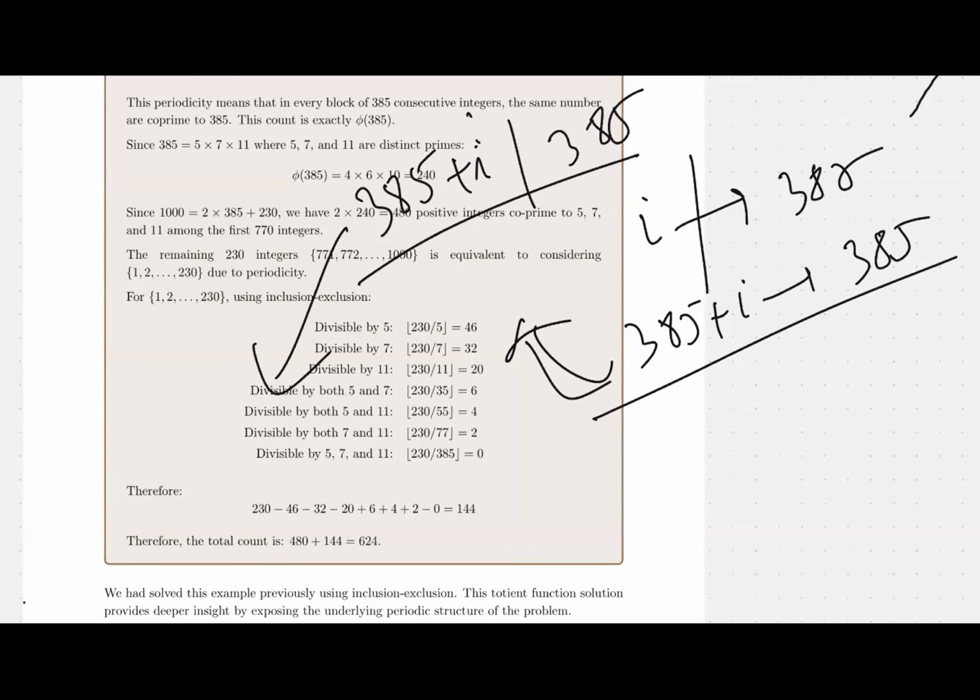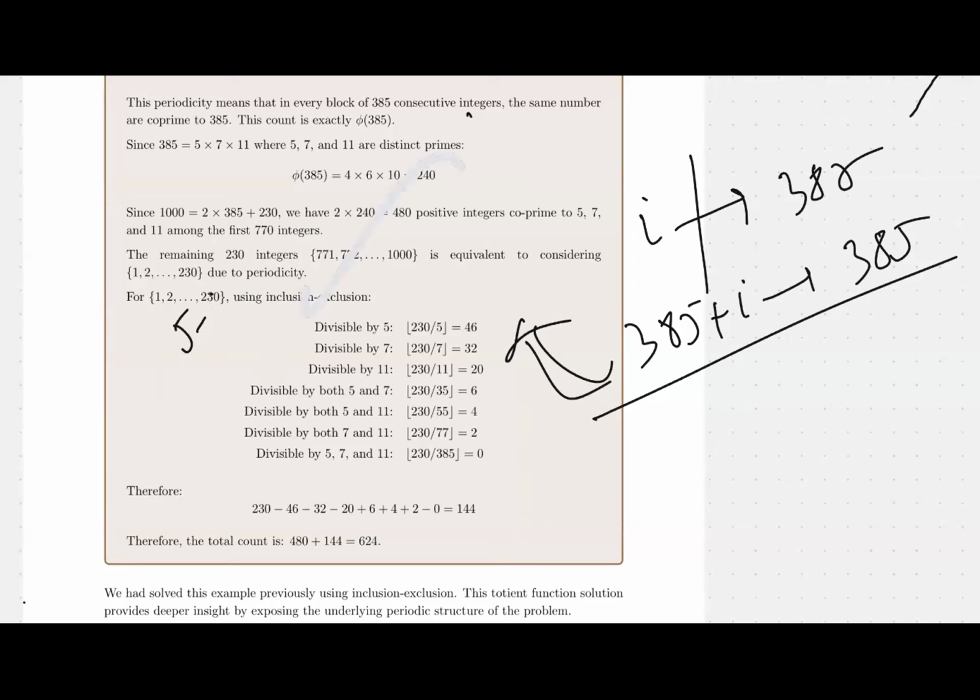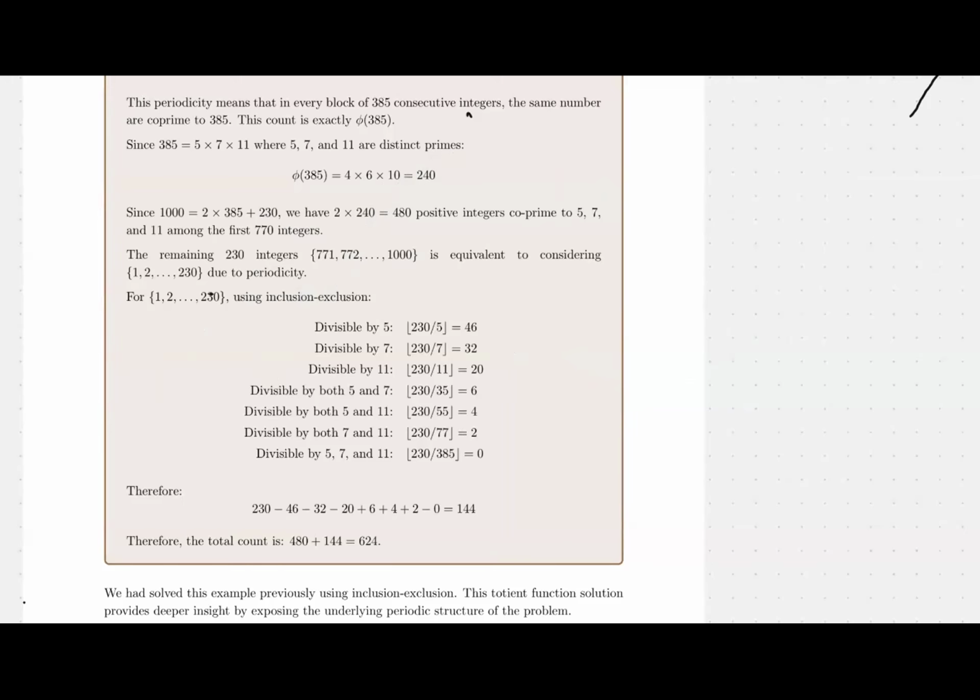So that's exactly what we are doing here. So now we are saying, hey, 1155 or whatever that number was, and we know 1001 and 385, which means we can subtract 1001 minus 385 times 2, which is 770.